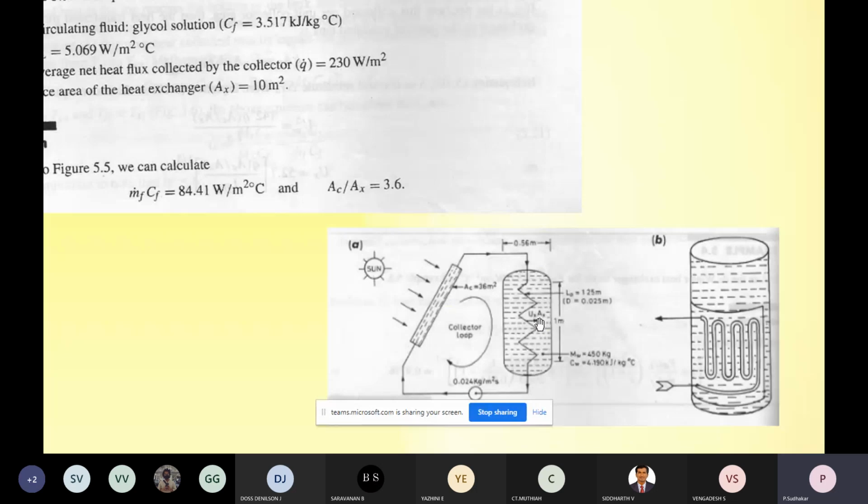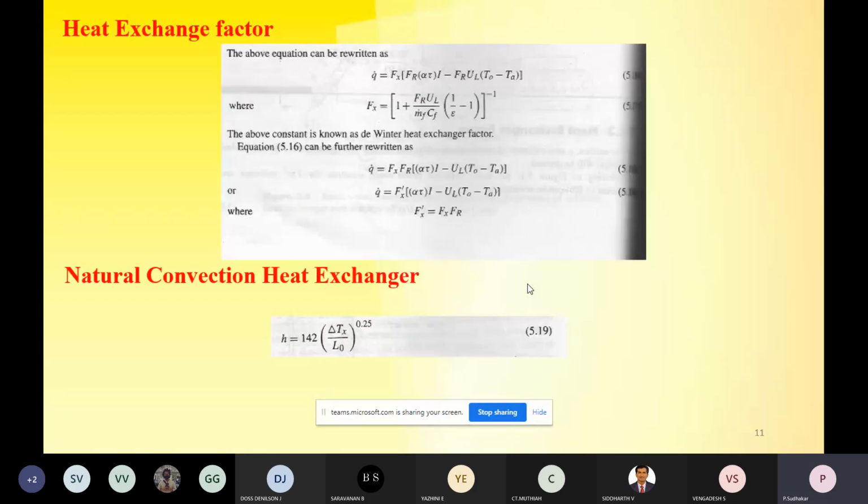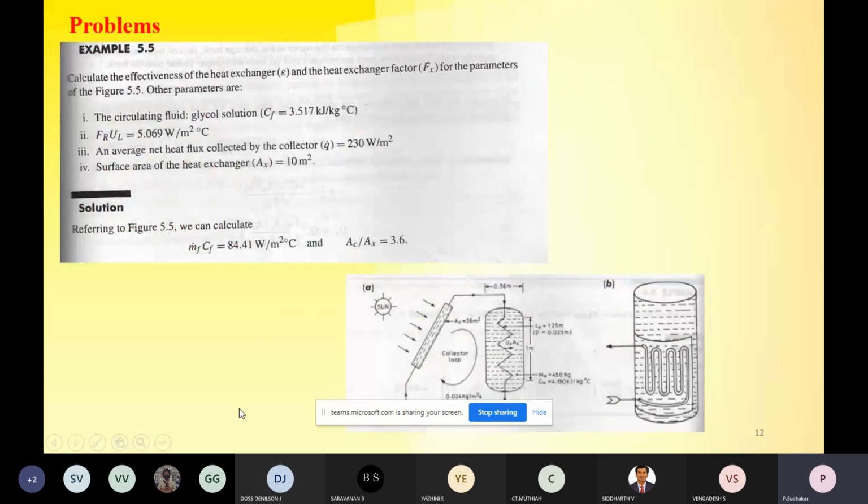So the mass of water in this storage tank is stagnant, there is no flow in the storage tank. This is a stagnant system, and there is flow only in the collector loop. The heat transfer coefficient is given by this equation. So with that, we can see how to solve the problem.